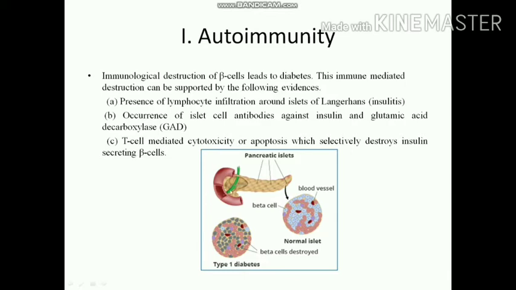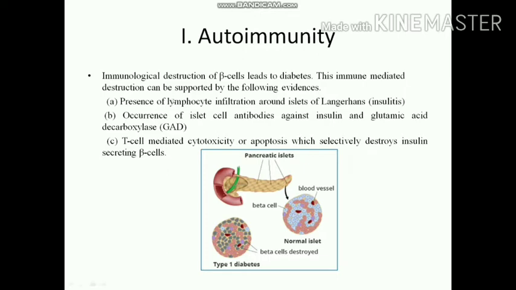Okay, this is the pancreas, and these are the pancreatic islets. In this, these are the beta cells, and this is the normal islet, and this is the type 1 diabetes islet. Here we see that all the beta cells are destroyed, and due to the destruction of beta cells, the insulin of the body is not produced.